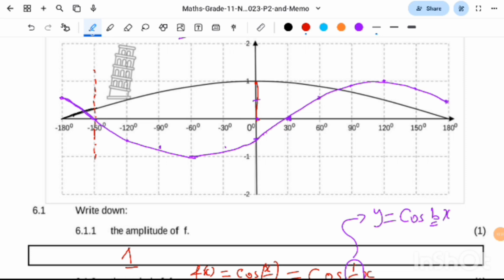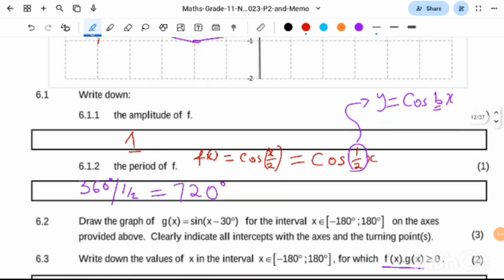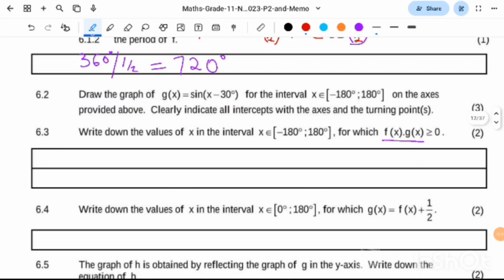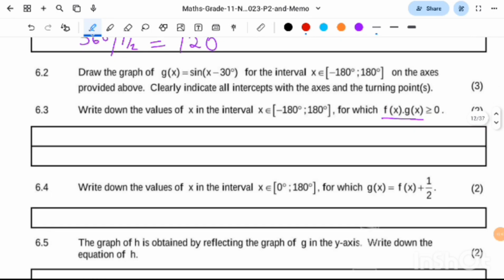Going to the left, both of my graphs are above the x-axis, which is what I want. So between minus 150 and minus 180, my graphs are above the x-axis, which is exactly what I want. The answer to that one is x is greater than or equal to negative 180 and less than or equal to negative 150.